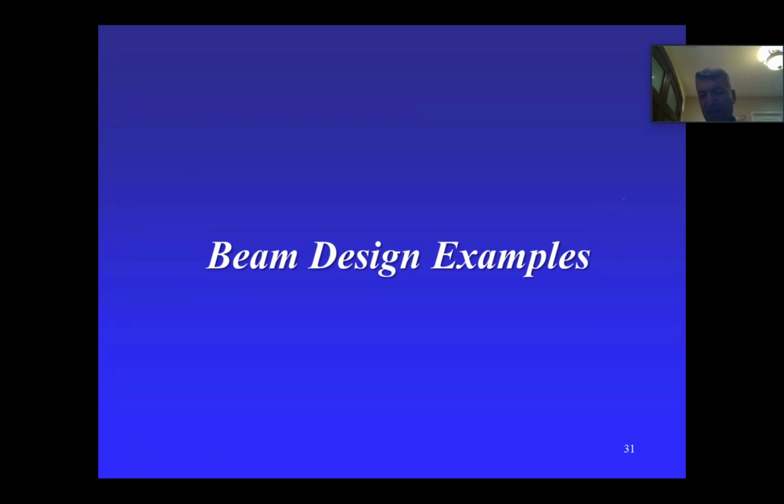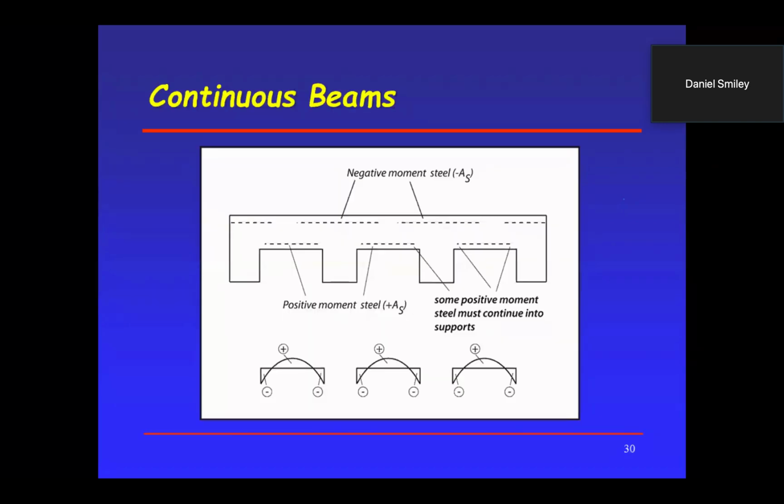Okay. So let's start, Professor. Yes. So that last example, I was just looking at it. You just broke apart that slab and looked at it as if it was three simply supported beams, correct? Yeah, but they're not simply supported. Exactly. So you do that. But in real life, we don't really do that. We keep it continuous and reinforce it like this.